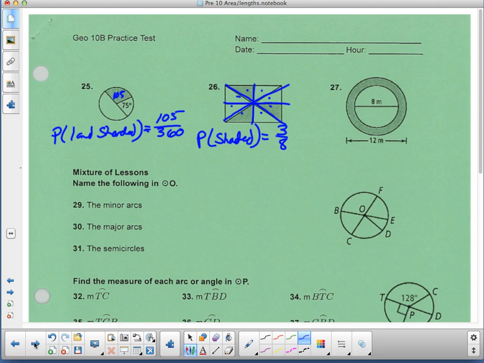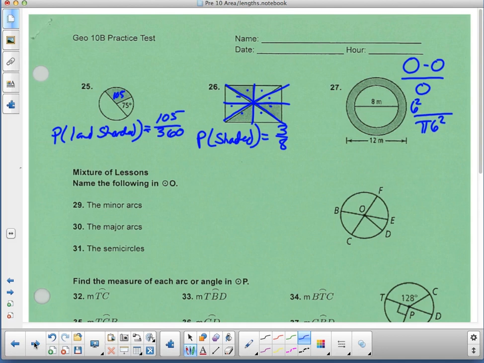Now, in 27, I'm going to have a harder time. I've got to be talking about my dartboard a little bit differently. I've got probability of landing shaded. To find the top over the total, I've got to figure out what's going on. So I'm going to go big minus little over big, okay? Now the big has a radius of 6, so I've got 6 squared pi.